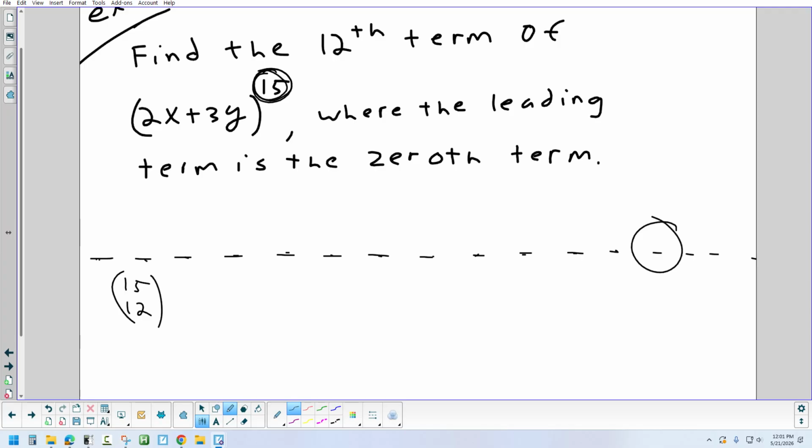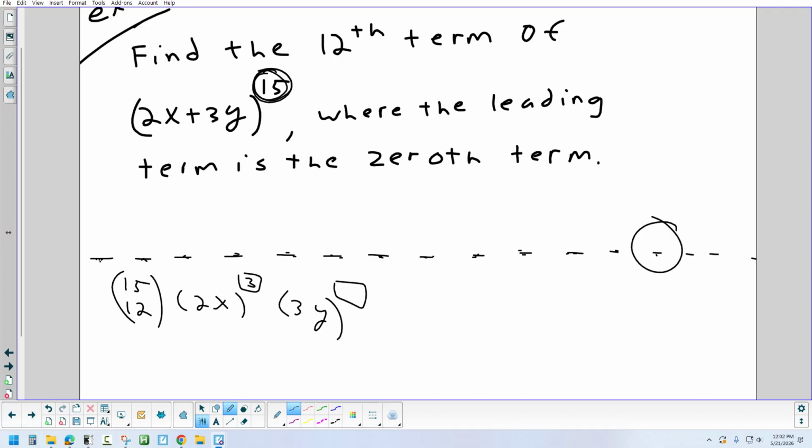Now we just have to think about the powers on the 2x and the 3y. 2x is going to have a power. 3y is going to have a power. What would be the power of 2x on the first term? Yep. 15, 14, 13, 12, 11, 10, 9, 8, 7, 6, 5, 4, 3. So that's going to have a 2x to the third.